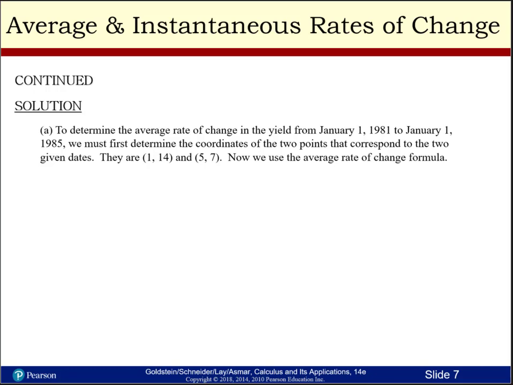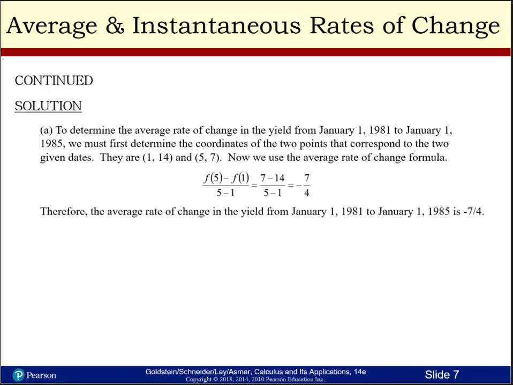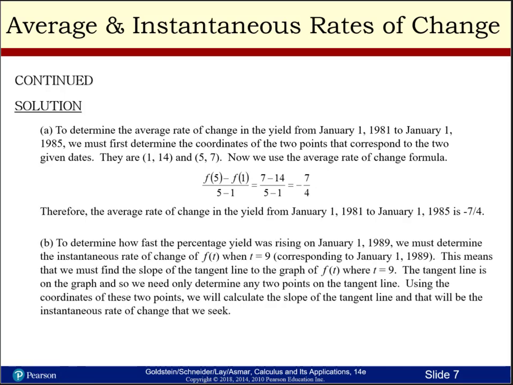So now all we have to do is use the average rate of change formula, which is just slope. So I'm going to do the difference in the y's over the difference in the x's, and I'm going to get negative 7 over 4. That means that the average rate of change in the yield from January 1st, 1981 to January 1st, 1985 is negative 7 over 4.